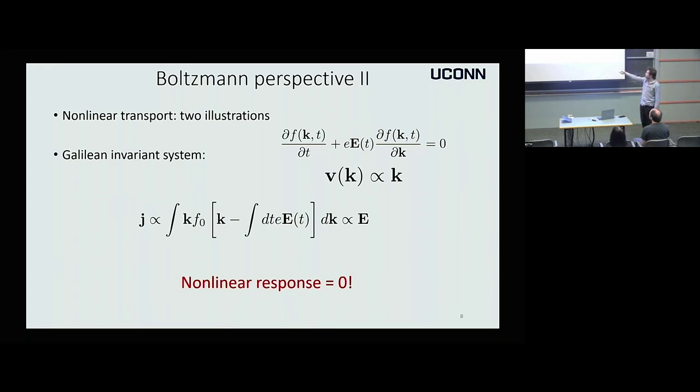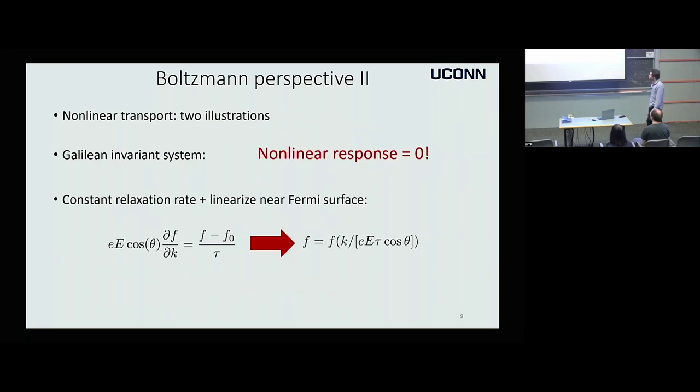What you get is a solution where the distribution function depends on a shifted momentum. That's just the solution of Newton's equation of motion. And if you try to calculate the current, you just shift this integral in k and get something that's linear in E. And this is an exact answer to all orders in E. Therefore, there is no nonlinear response in this Galilean invariant system.